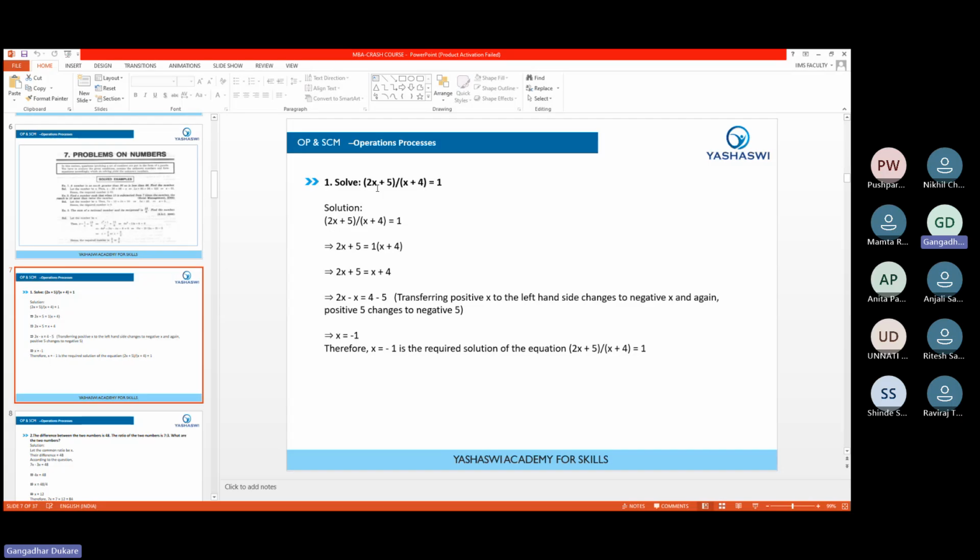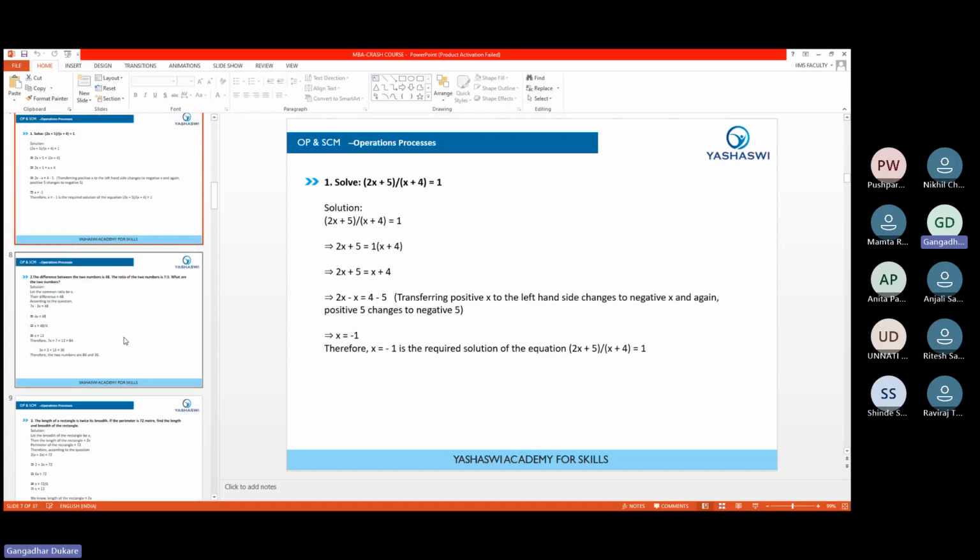So 2x minus x equal to 4 minus 5. So 2x minus x is x, and 4 minus 5 is minus 1, that is x equal to minus 1. So therefore the value of x calculated is x equal to minus 1. Okay, this is simple. This calculation is related to multiplication, division and multiplication.